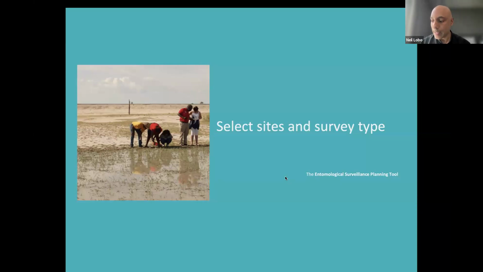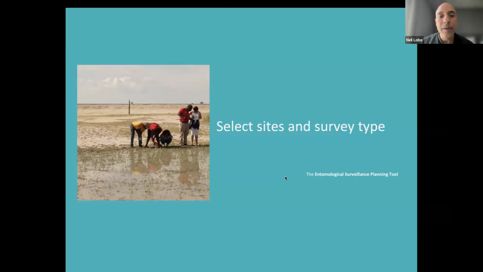Today, we will look at sites and survey types, and a couple of presentations after that. We should have 3 shorter presentations today. If we have time, we'll go over a specific example of a good implementation of entomological surveillance. And tomorrow, we plan to work through examples of this on the ESPT.